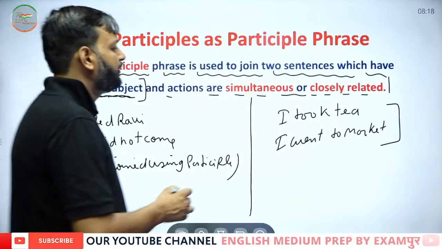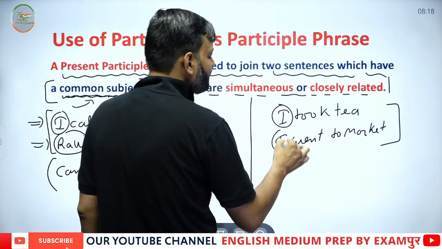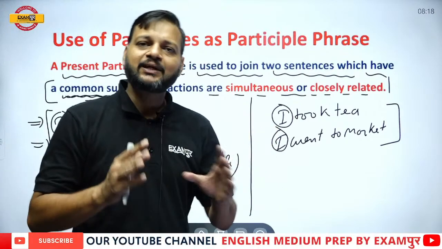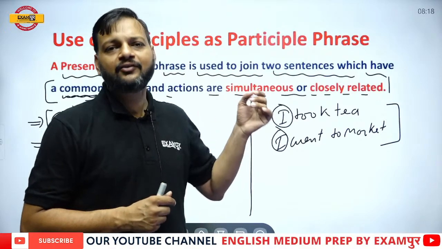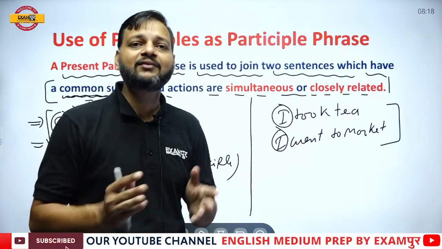So in these two sentences we do have a common subject. In both the sentences, the subject is the same. I is the subject of the first sentence and it is the subject of the second sentence as well.